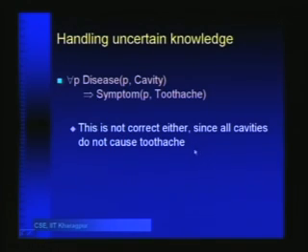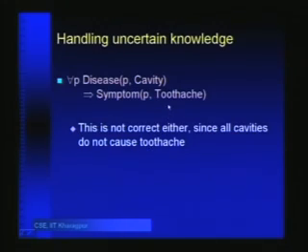So, even if someone has a cavity, that person may not have a toothache. So, this is a kind of scenario which is very difficult to represent unless we use some kind of statement which says, okay, sometimes the cavity can cause toothache, and if we have toothache, then sometimes it is because of the cavity, right.